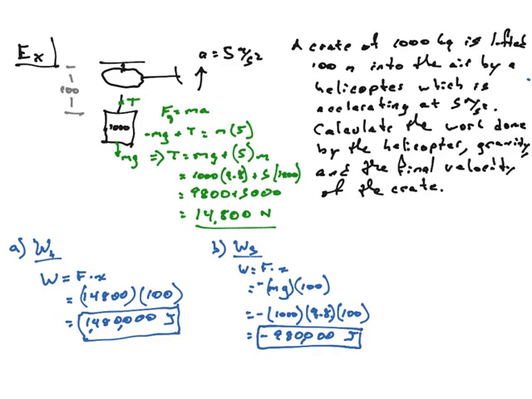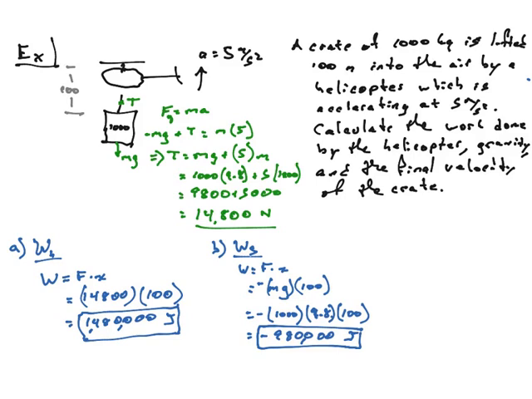All right, so pretty nice. How much work is done by gravity? Negative 980,000 joules. Again, it's negative because the force due to gravity is opposite to the direction of motion. The direction is up, gravity was down. So work is negative.